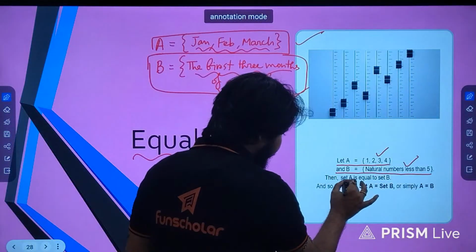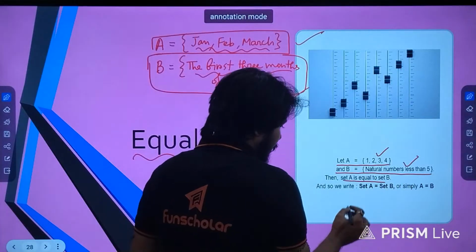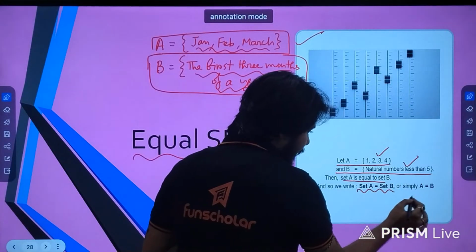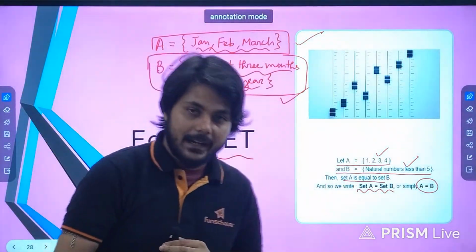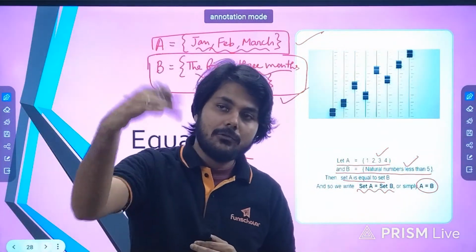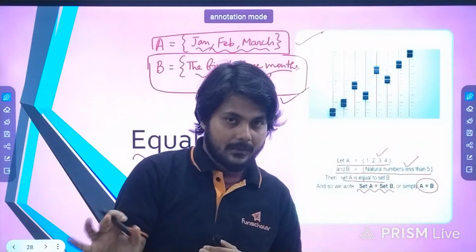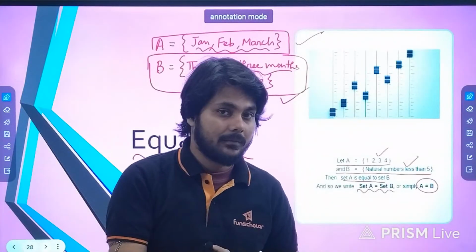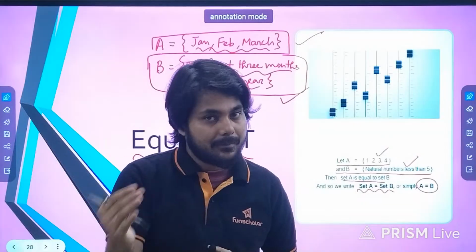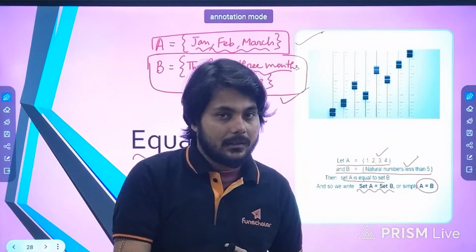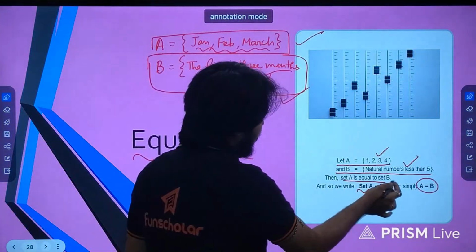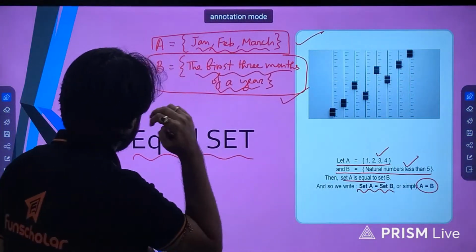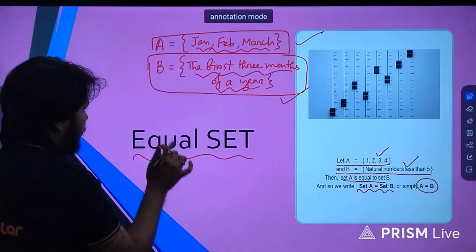So set A is equal to set B, or simply A equal to B. If the number of elements of two different sets are equal and the elements are also alike, then those sets will be termed as equal sets.